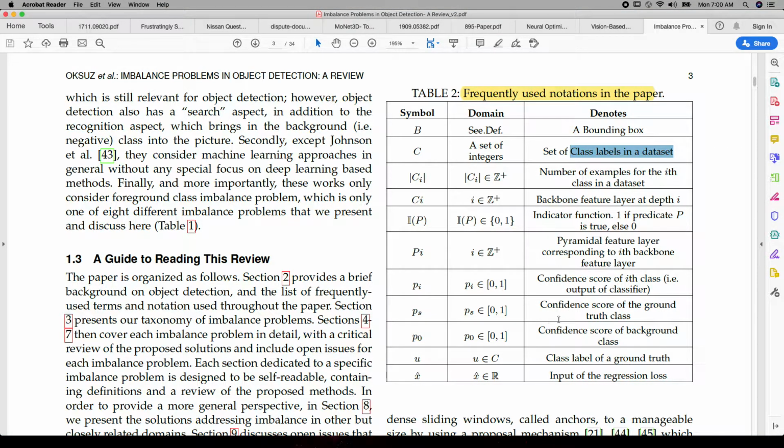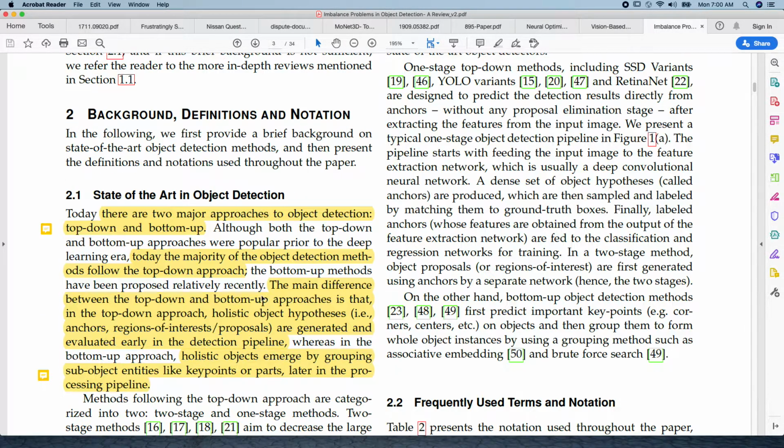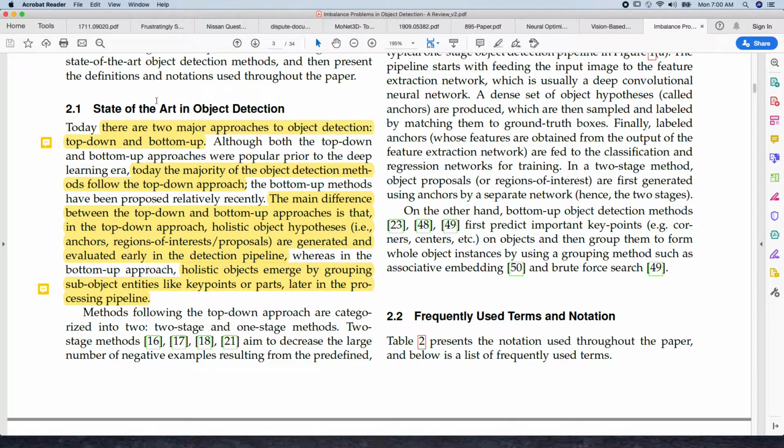It is worth knowing that U is a subset of the class labels, which is the class label of the parent chart. Now, we're just going through a high level of this paper. In subsequent reviews, we will take some portions of the paper and expand more on them for better understanding.